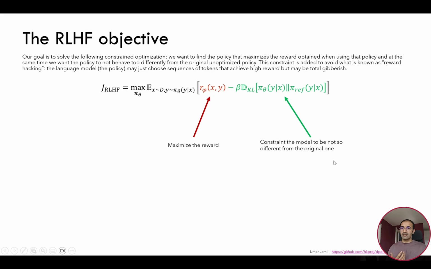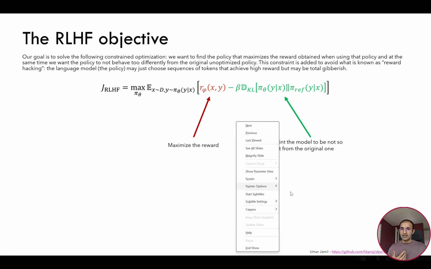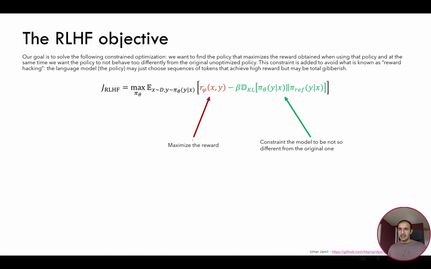In other words, let's ignore for now this green part here. Suppose there is no green part here, so this doesn't exist. Imagine we have a language model, let's call it pi theta because it's a policy, and we want to optimize this language model in order to maximize the reward that it receives from the reward model.